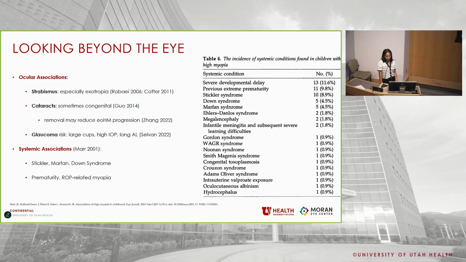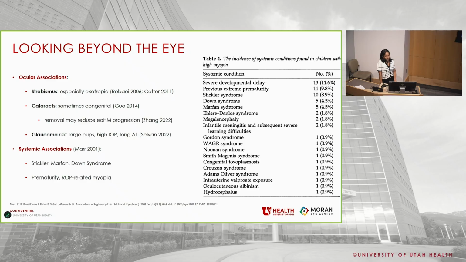Cataracts are also fairly common, and tend to be congenital. There's research that says removing them early on might actually reduce progression. We have glaucoma risk with larger cups, high IOP, as well as longer axial length.